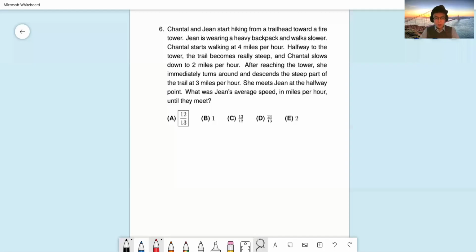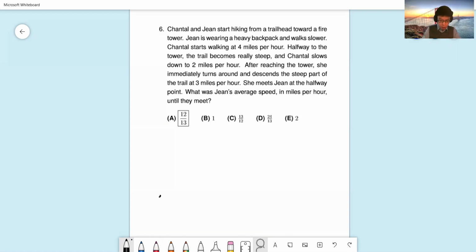Question 6. Chantal and Jing start hiking from a trailhead towards a fire tower, and Jing walks slower, Chantal faster. Halfway to the tower, the trail becomes really steep, and Chantal slows down to 2 miles per hour. Before that, her speed was 4 miles per hour. So basically, let's draw a picture.